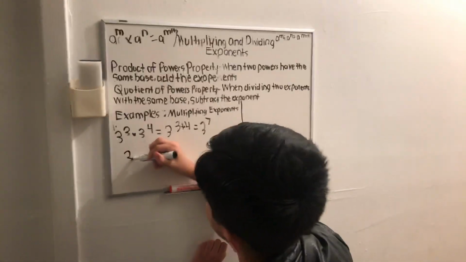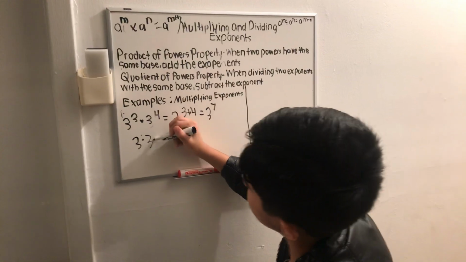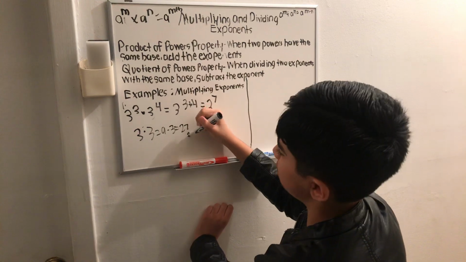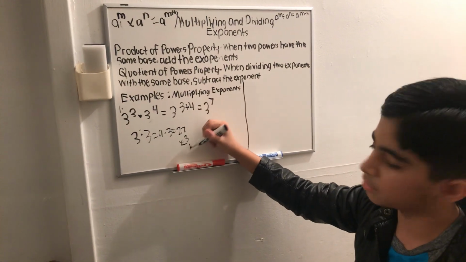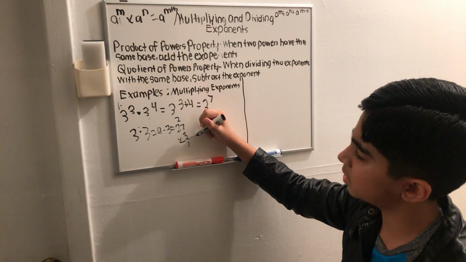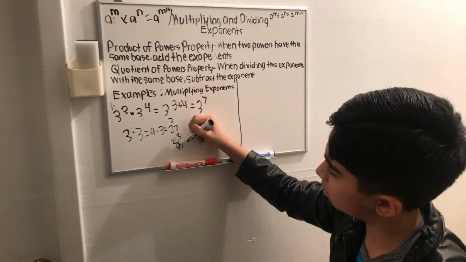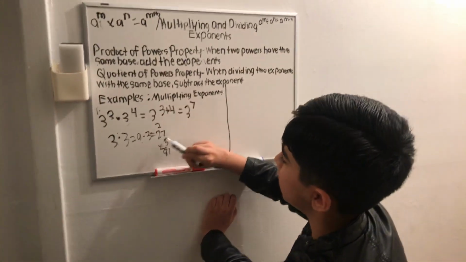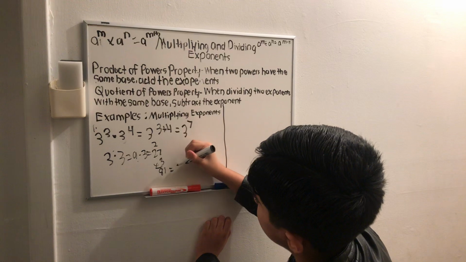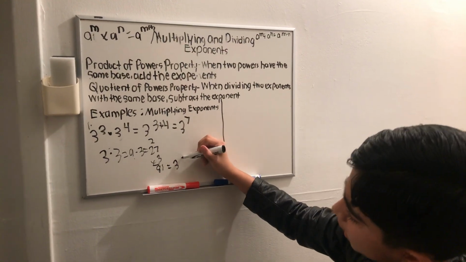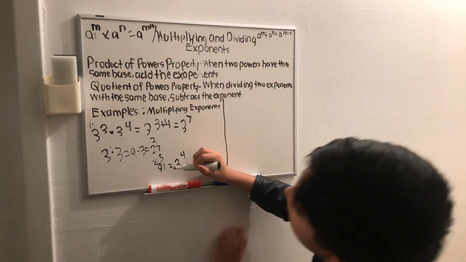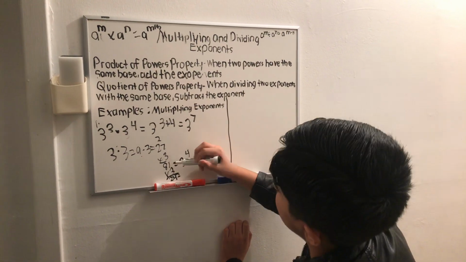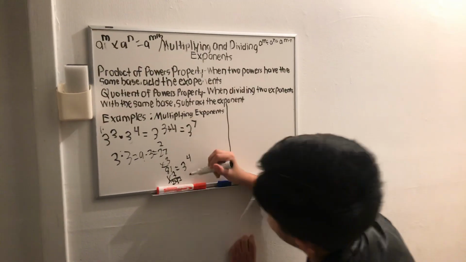So 3 times 3 equals 9. 9 times 3 is 27. 27 times 3 is 81, which is 3 to the power of 4. Then 81 times 3 is 243.